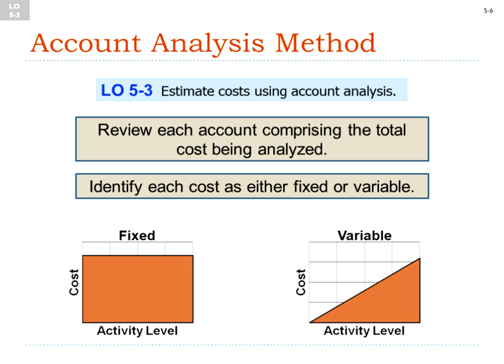So estimating cost using account analysis involves a review of each account making up the total costs being analyzed. Then each cost is identified as either fixed or variable, depending on the relation between the cost and a certain activity. Fixed costs are those that are fixed in total, regardless of the activity level. And variable costs are going to change as the activity changes.